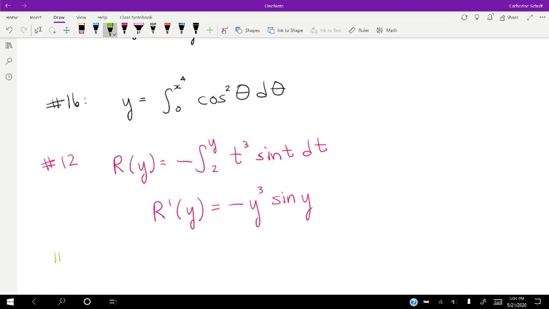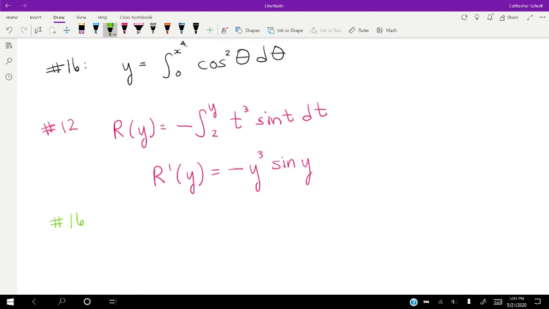Number 16 is more involved because we don't just have an x. Right here it's x to the 4th. So what we could do is make a u substitution where u is equal to x to the 4th.